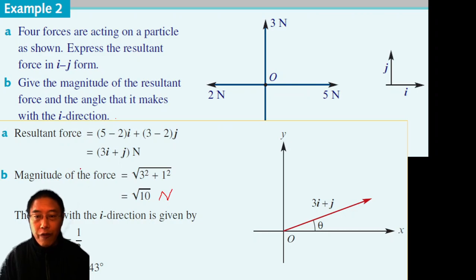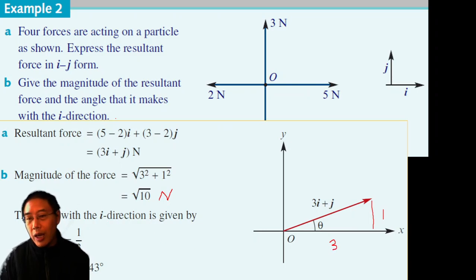Okay, so to find the magnitude, you have your vector here. You determine the magnitude doing the modulus or applying Pythagoras, that gives you square root of 10, and specify the units. To find the angle to the x-axis, which is your theta here, you have your right angle triangle, so tangent of theta is opposite over adjacent. Here you have 1 and here 3, both positive, so that gives you 1 over 3.